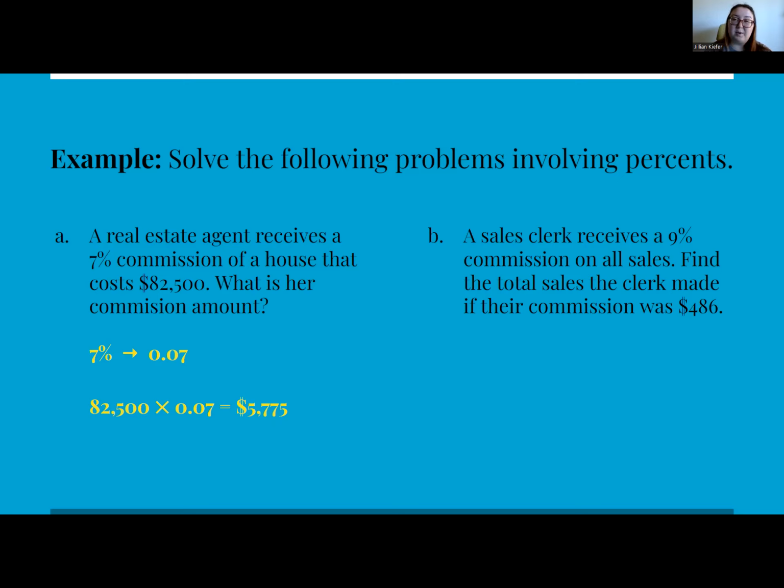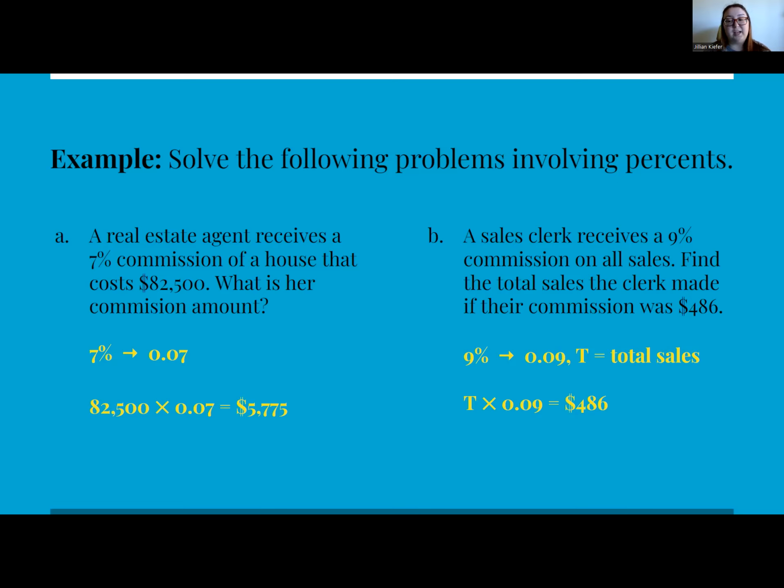So we don't know how much the sales is, but we know how much the commission was. So 9%, of course, we changed to decimal. 9% is 0.09. And T we can say is the total sales. So we know that T, our total sales, times 0.09, the percentage of the commission, will equal the actual commission amount, $486.